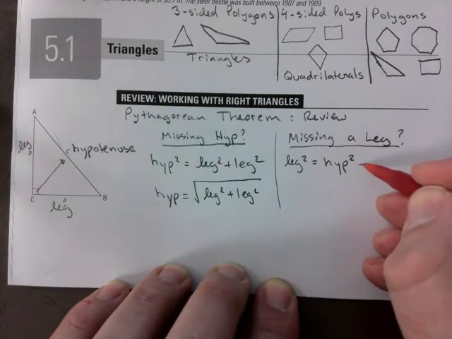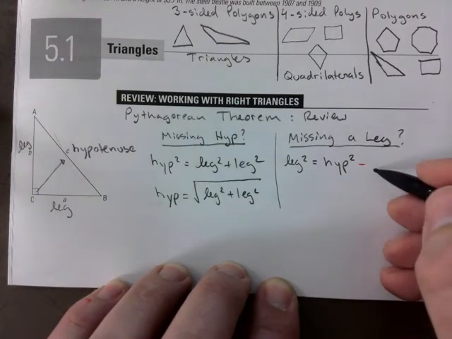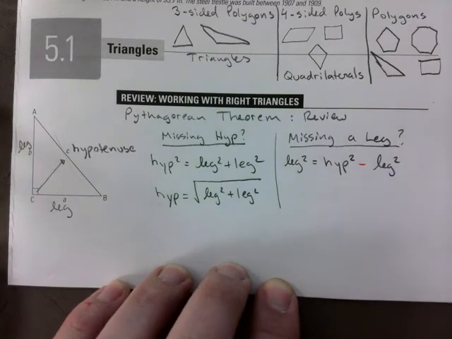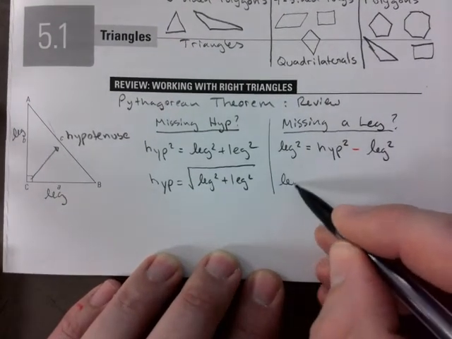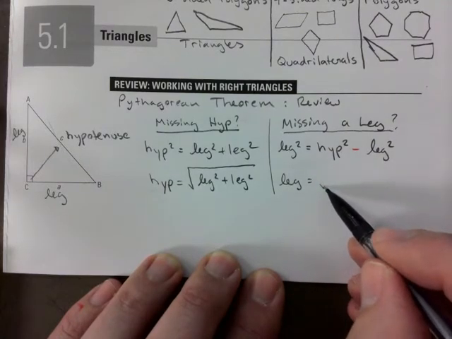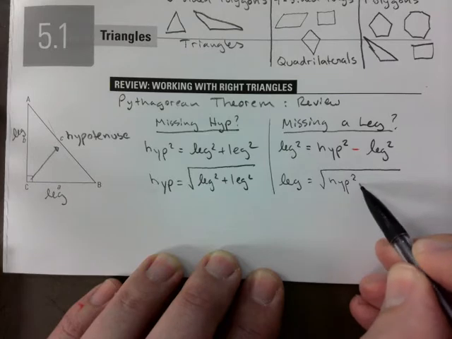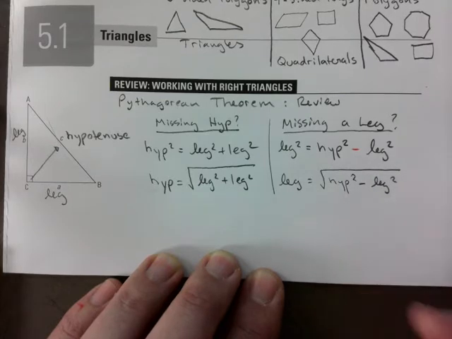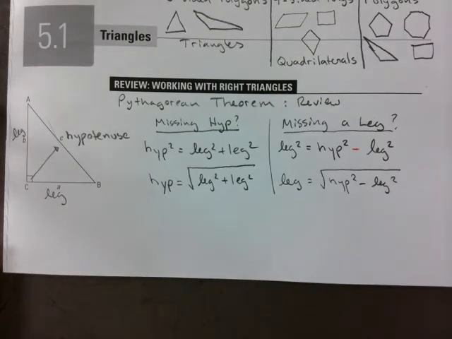You're going to subtract the other leg from it. Always squaring it, right? So to get the leg that you're interested in, you're going to square root hypotenuse squared minus leg squared. So these are your two formulas for Pythagorean theorem, and it works every time.